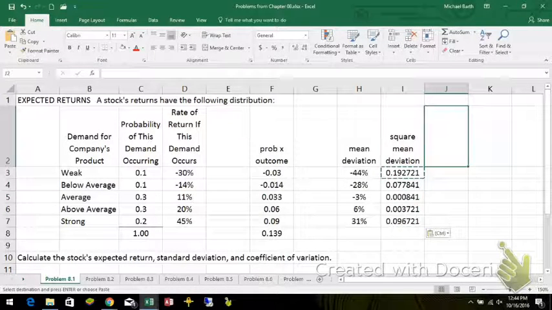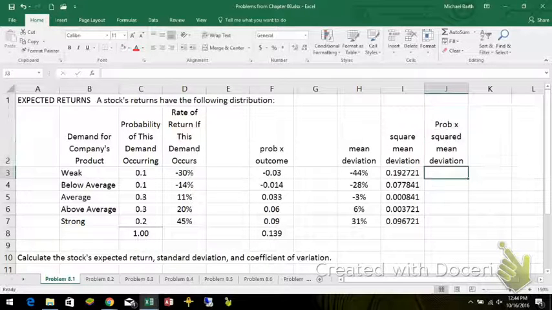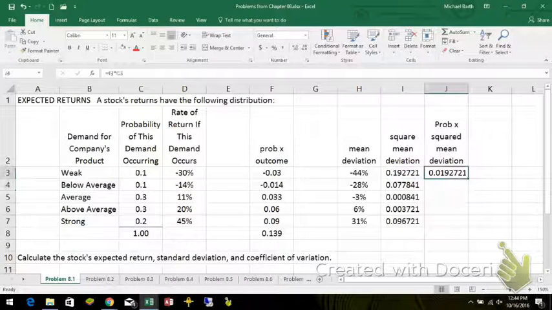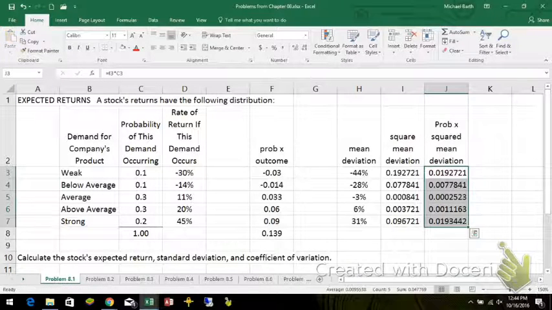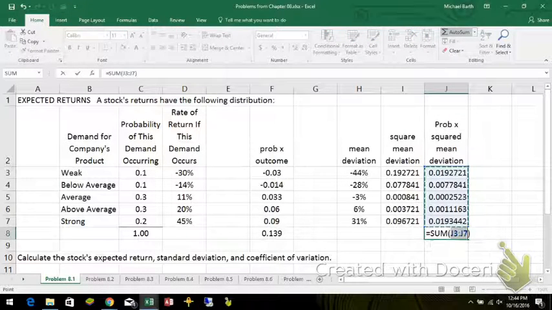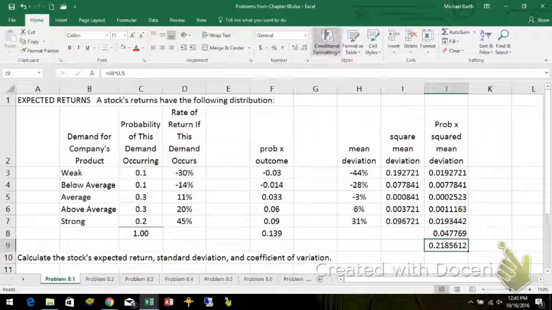And then take the probability times the squared mean deviation. This times the probability. Add those together and I have what's called the variance. Alright, to get the standard deviation, take the square root of the variance, raise it to the 1/2 power, and that's your answer for your standard deviation.